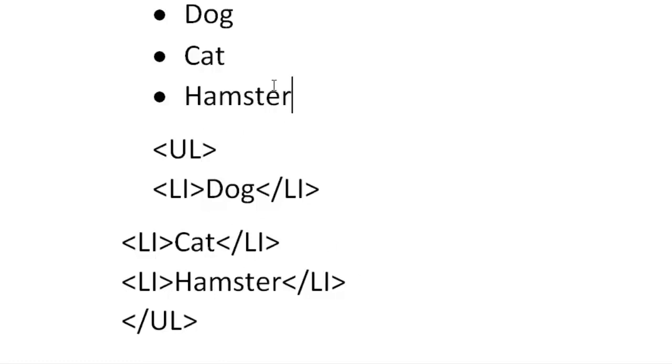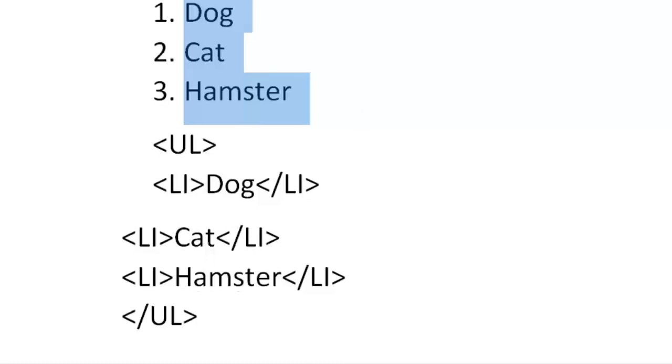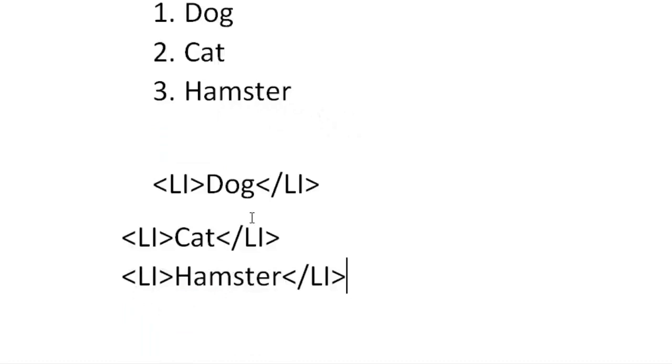All right. So now that you understand that, what I want to talk about now is ordered lists. Now, ordered lists are going to be something like 1, 2, 3, 4, 5, right? So if I switch it to this, the only items that need to change here are the open tag and the close tag. Everything else, the LIs stay the same.